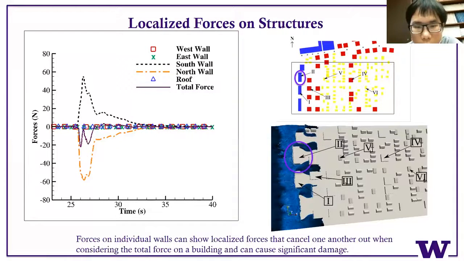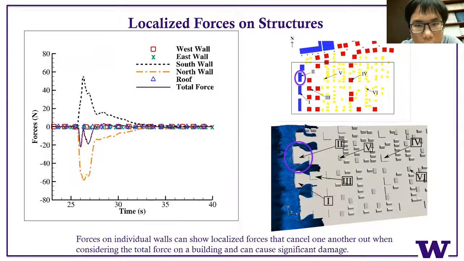And here, with the 3D model, we are also able to predict localized forces on structures. So the figure on the left shows tsunami forces on each wall of building number 2.